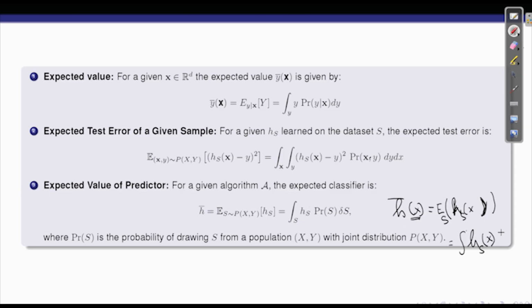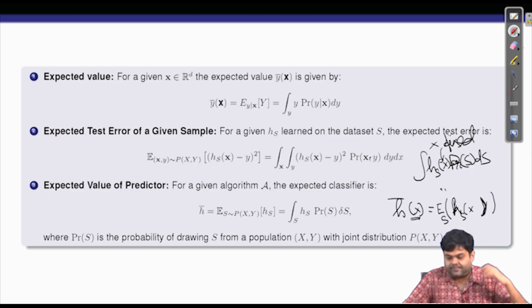So this is basically the integral of Hs x with respect to the probability distribution of s. So here x is fixed. For a fixed x, you take the predictions for y for various samples and take the average of those values. The average is taken over all samples.